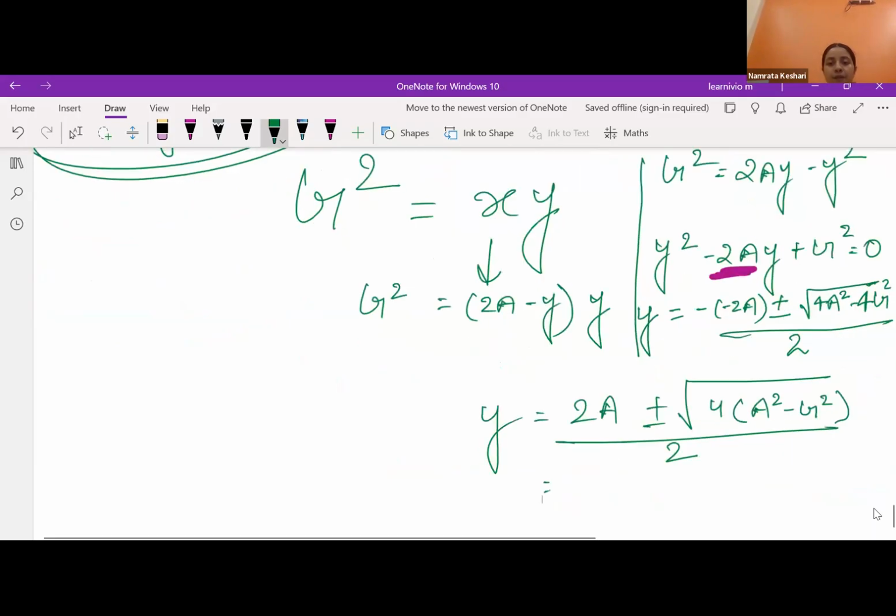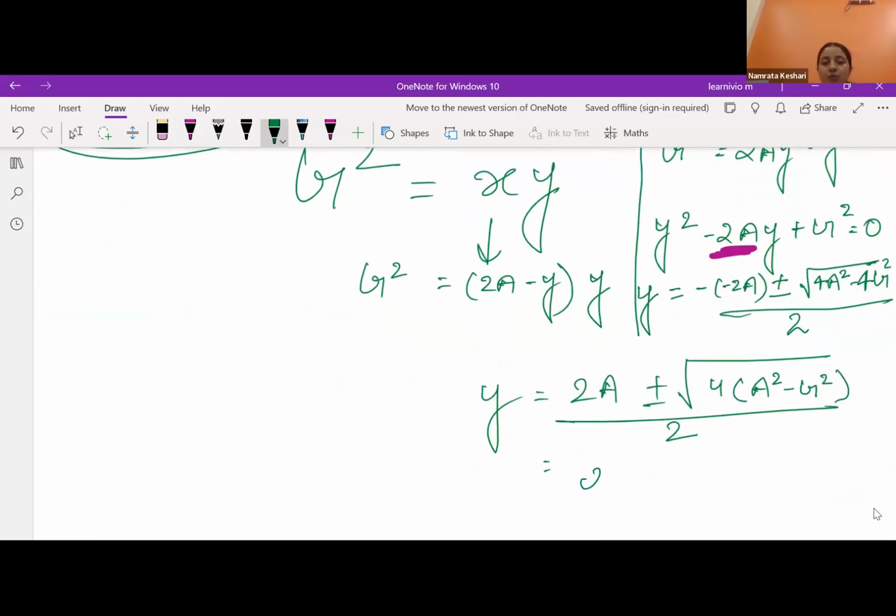So we will have 2A plus minus 2 will come out, and in the square root we are just left with A square minus G square over 2. Now you can take 2 common from the numerator, and the 2s will cancel out each other.